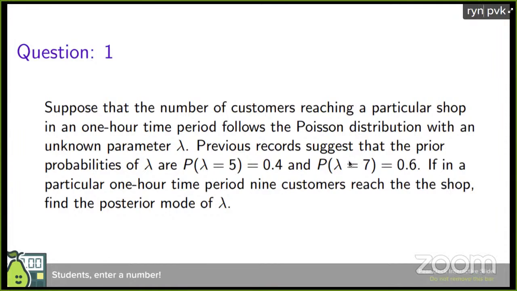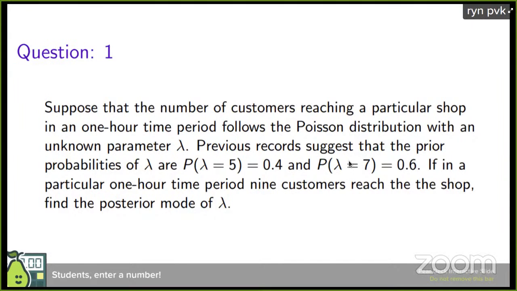So here you have to find the posterior density, and from that you have to find the posterior mode. Sir, if the probability of lambda equal to 5 given sample is greater than the other, then that will be the posterior mode.